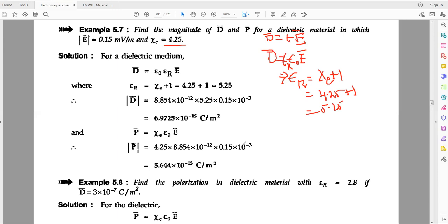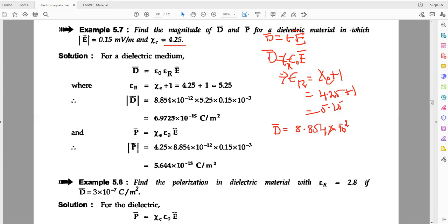So we need to find the magnitude of the electric flux D bar. D bar is equal to epsilon naught, we already know the value is 8.854 into 10 to the power of minus 12. And now epsilon R: in the previous cases, it was free space, so we said epsilon R is equal to 1.